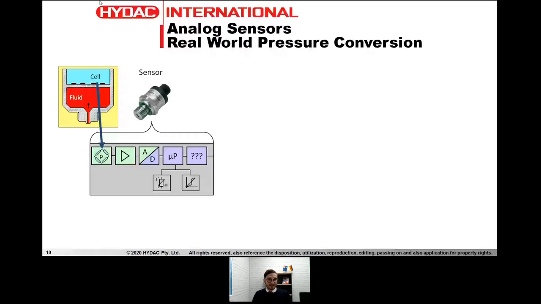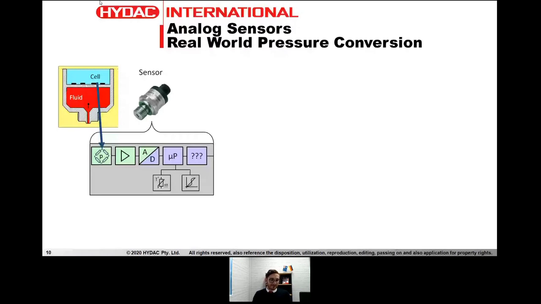What happens on that cell is there's a Wheatstone bridge that measures the deflection. When the pressure builds up, the cell deflects by a micromillimeter, so the eye can't even see it, but on the cell there is a Wheatstone bridge, and the Wheatstone bridge is an array of resistors, and when the cell deforms, the resistance value changes.